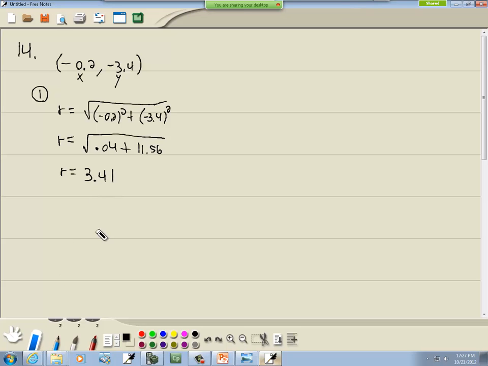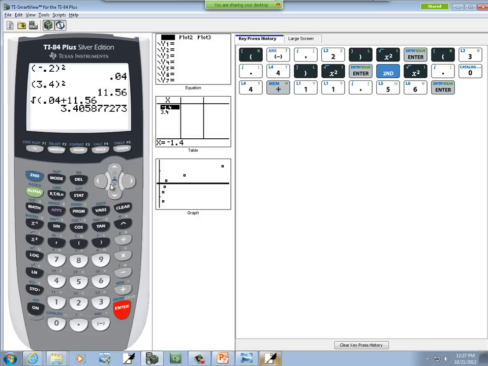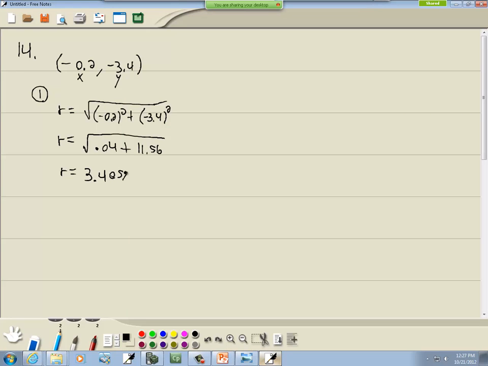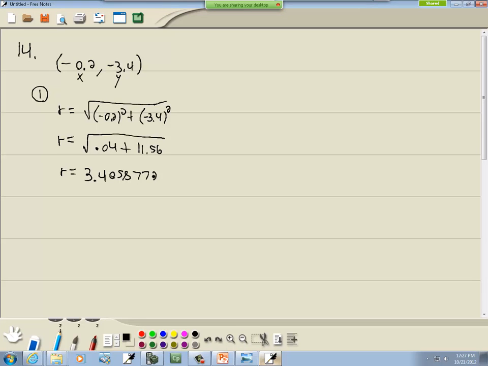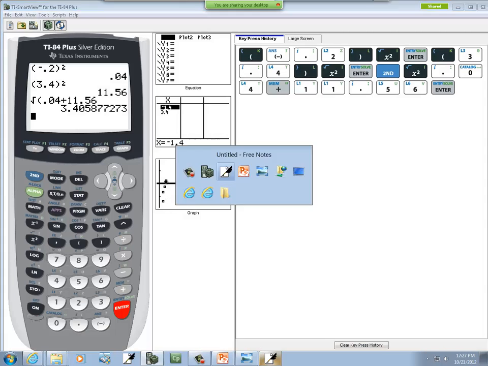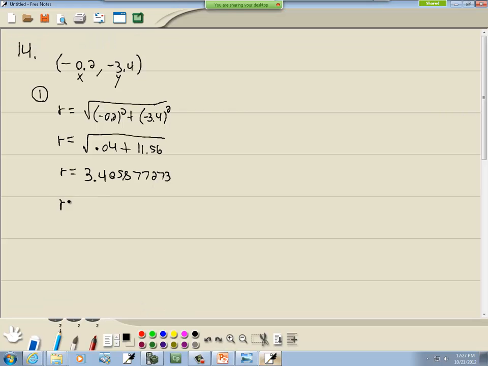Actually, let me write all the decimal places first. 3.4058772723. Then r is going to equal 3.41.